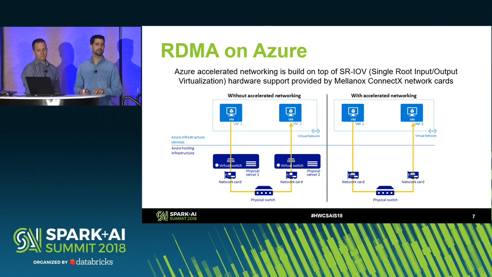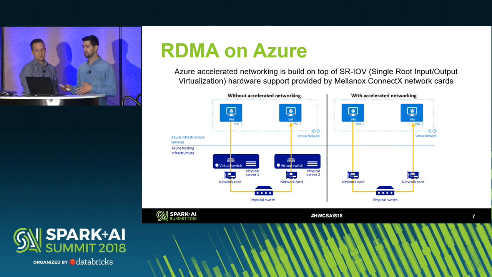What that means is it's not a software emulated virtual network adapter. It's a virtual network adapter that works directly on top of a physical device. So it's basically an extension, or a virtual extension, of the physical device exposed directly into the VM.